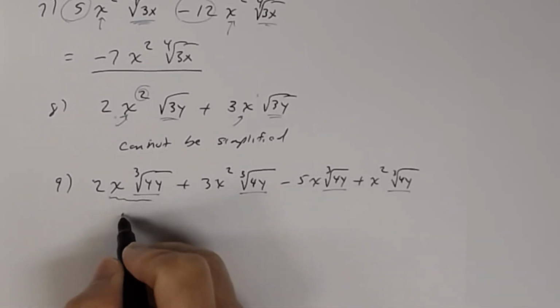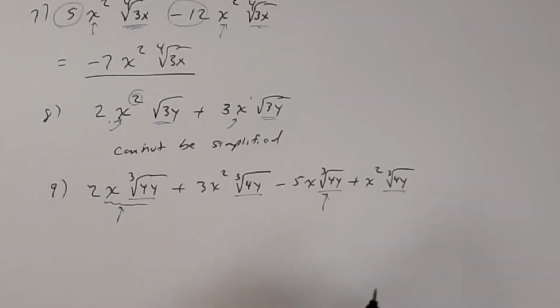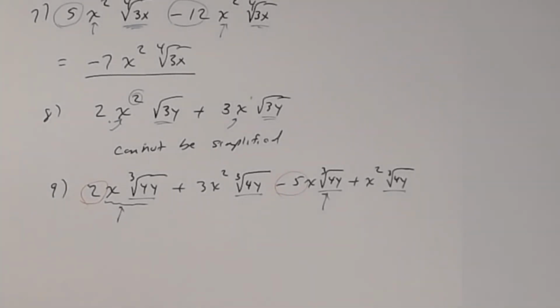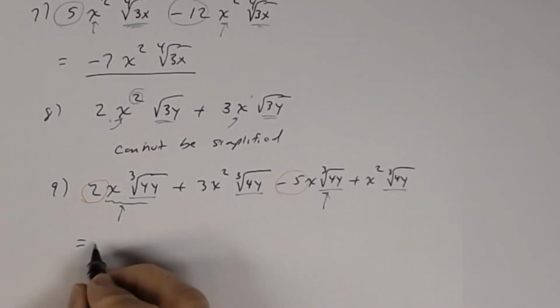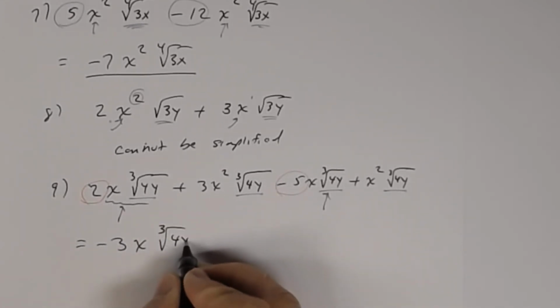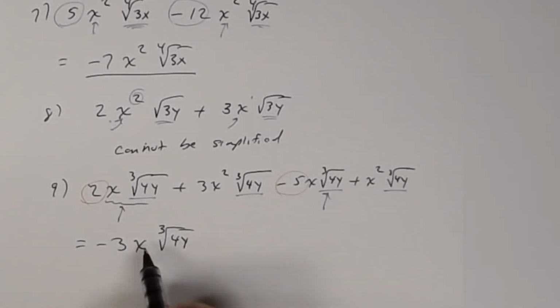So do y'all agree that this and then this are like terms? Okay, so those are like terms. So that means then all I need to do is just add 2 and a negative 5. And so when I add 2 and a negative 5, I get a negative 3x cube root of 4y. Okay? This and this becomes this.